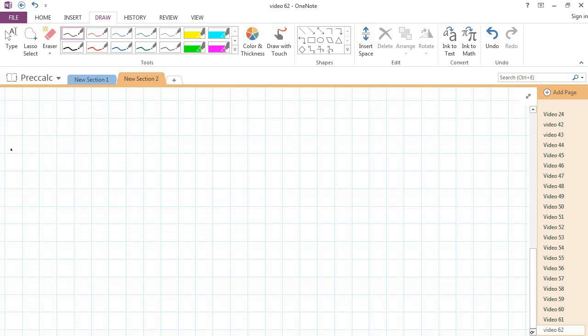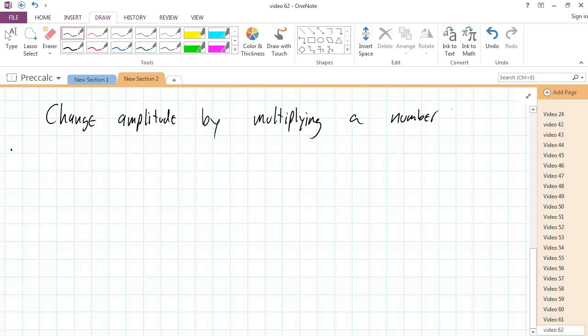So how could we change it? We can change the amplitude by multiplying a number with sine of x. For instance, 3 sine of x, or negative 2 sine of x.